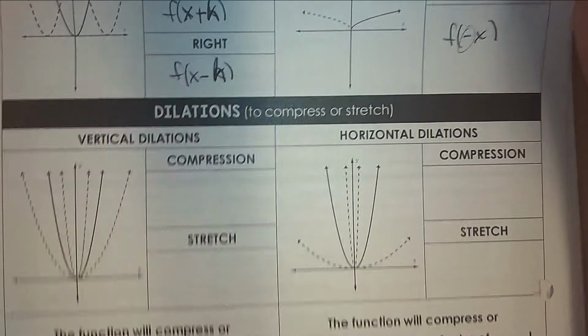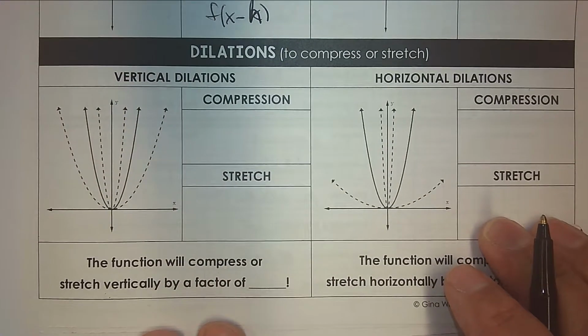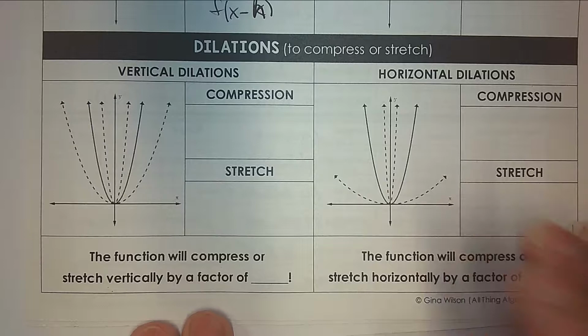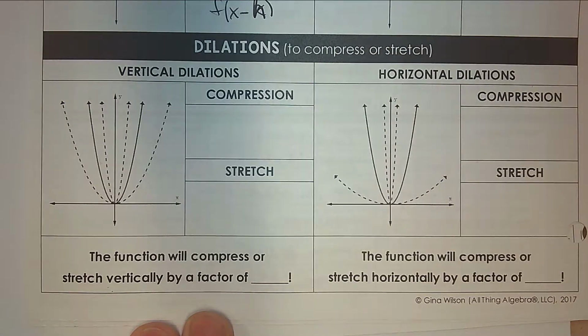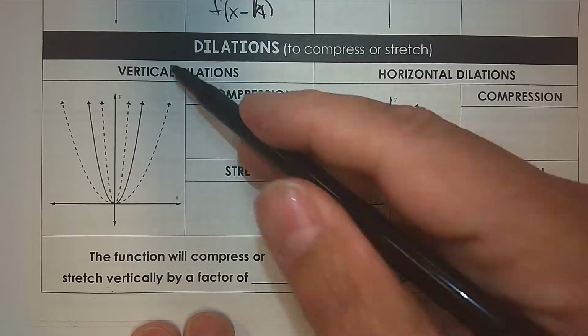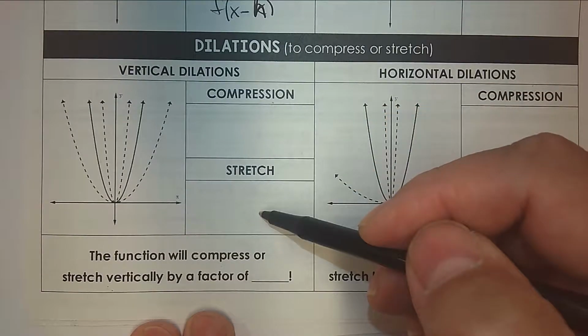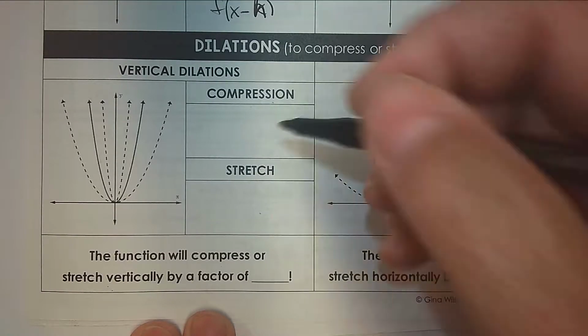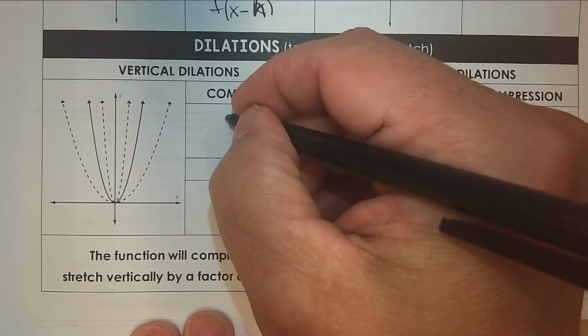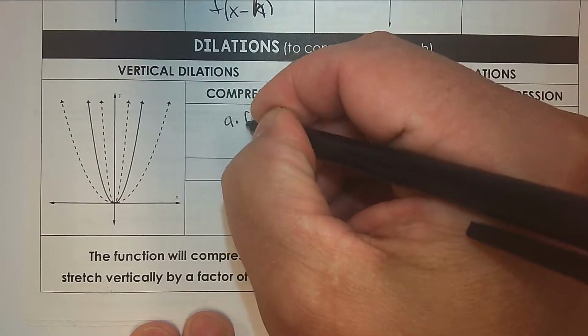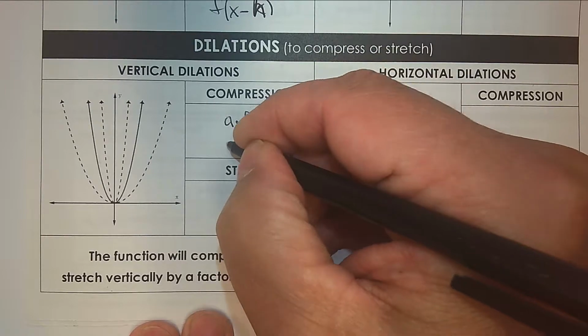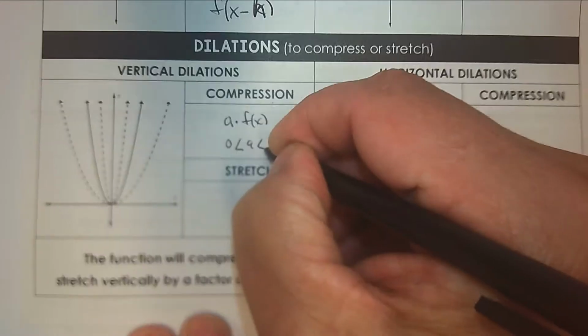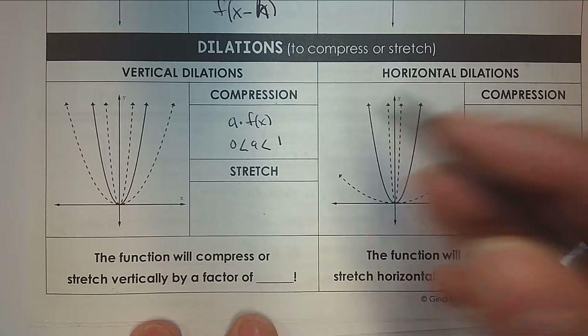Next, dilation, more often called compresses or stretches. A compression means it got smaller. A stretch means it got bigger. So when you have vertical compressions and vertical stretches, understand that whatever the number is in front, if that number being multiplied is between 0 and 1, like a fraction, it's going to compress it.